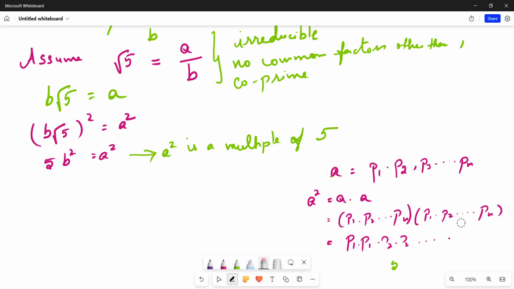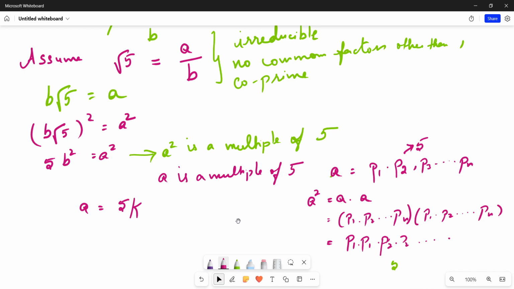That is, one of the primes of a squared is 5. So it should figure in a also because p2 is in a. So this is 5. So what do we know now? 5 is a factor of a also, or a is a multiple of 5. If a squared is a multiple of 5, then a is also a multiple of 5. So a can be expressed as 5 into some integer, 5k.